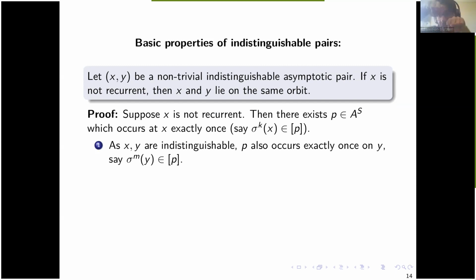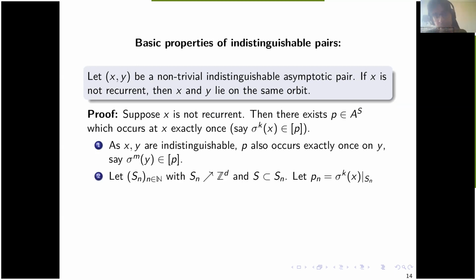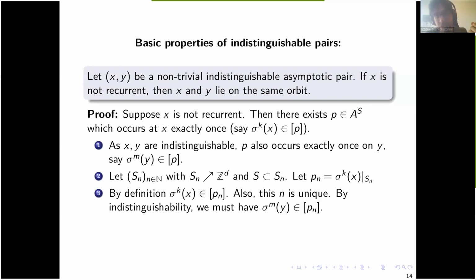Okay, so I have this pattern that occurs in X and in Y. And what I can do is start looking at bigger and bigger supports which contain the support of P. So I'm going to take a sequence of supports that grow to Z^d and which contain the support of P. And I'm going to take a bigger pattern, which is the restriction of sigma^k X to this big support. Well, this support contains P, so it must occur exactly once in Y. So this n is unique, so this thing must also happen in Y.